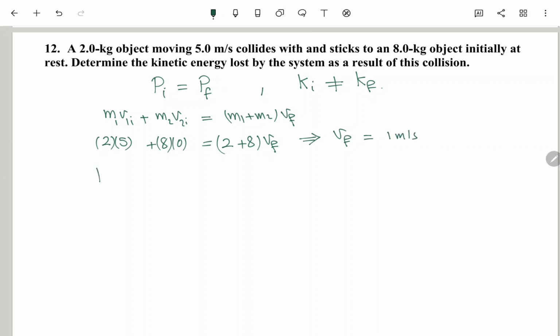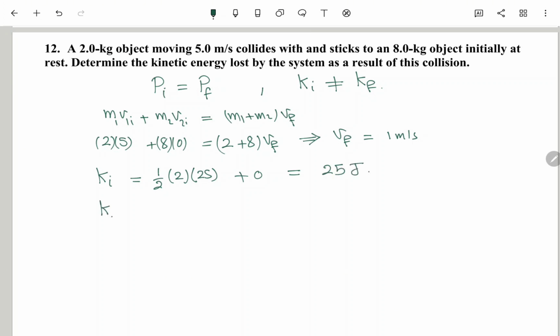Now the initial kinetic energy is equal to the initial kinetic energy of the first object plus the initial kinetic energy of the second object. The second object is initially at rest, so there is no kinetic energy for the second object. So it's half times 2 times v squared, 5 squared is 25, plus 0, or 25 joules.